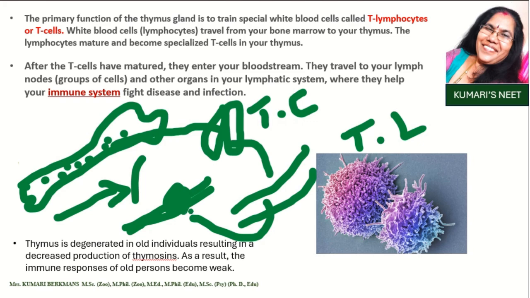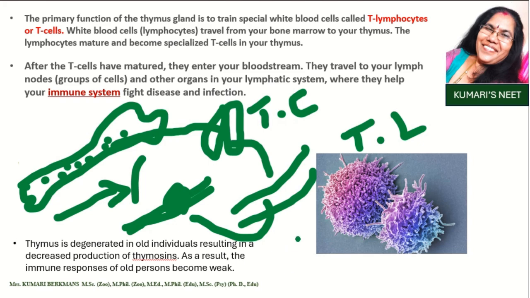So the main function of this one, which one? The T cell is to fight against the foreign bodies which enter into our body. Understand? So this is the function of the T lymphocytes, how they are produced, how they act against the antigens. Okay, and another one, the thymus is degenerated in old individuals.